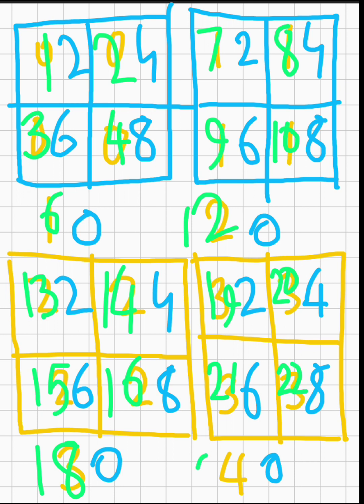Then we will add 20 to the last yellow number, which was 4, and 20 plus 4 is 24.